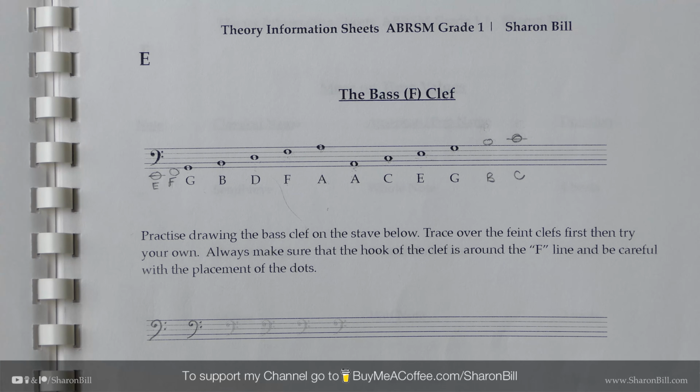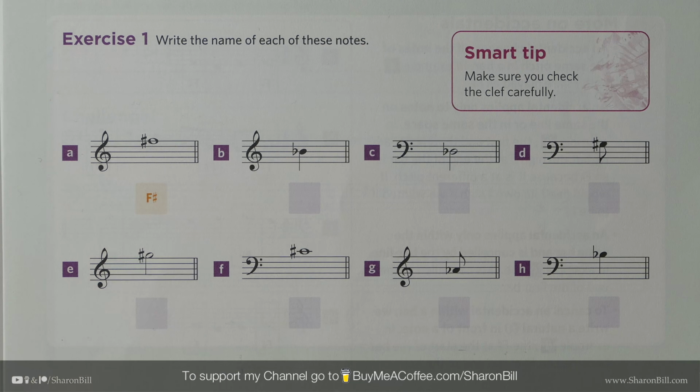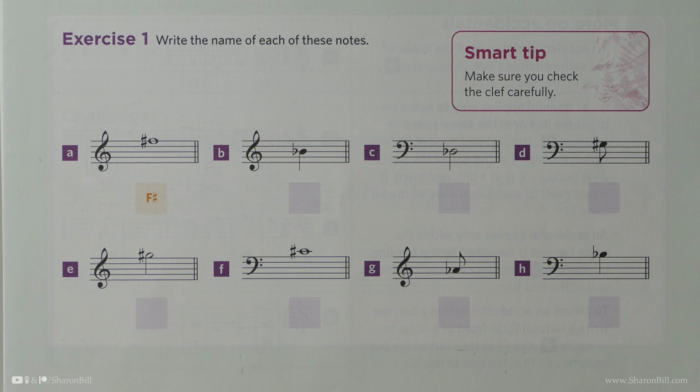You might want to have something like this to hand. Again, it's easier in some clefs than others depending upon the instrument that you play. So if you find it a bit trickier than normal, just have something to hand or just revise those little poems to help you name the notes.